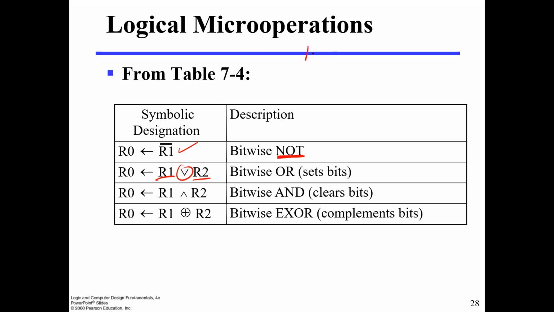If R1 is equal to 1001 and R2 is equal to 0100, the result of the bitwise OR of R1 and R2, bitwise means we'll take it bit by bit. So you need 4 2-input OR gates to do this in hardware. So 1 or 0 will become 1, this will become 0, this will become 1, and this will become 1. So we will store this value in R0.